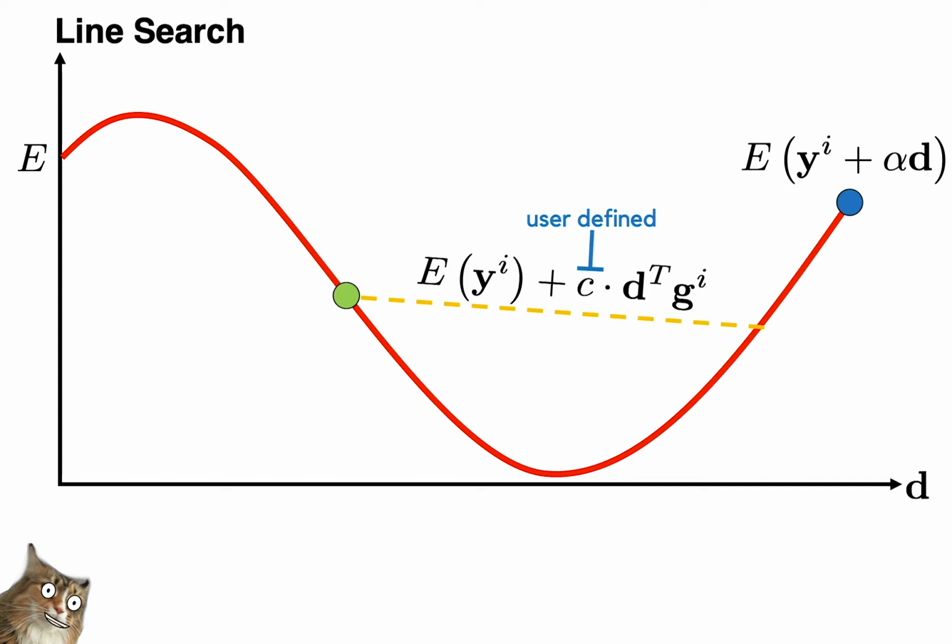We can search for acceptable updates by scaling alpha using a user-defined parameter p. If p is less than 1, then repeated multiplications will pull our updates back towards the initial guess, meaning we should be able to find an acceptable update that has a lower energy than our initial guess.